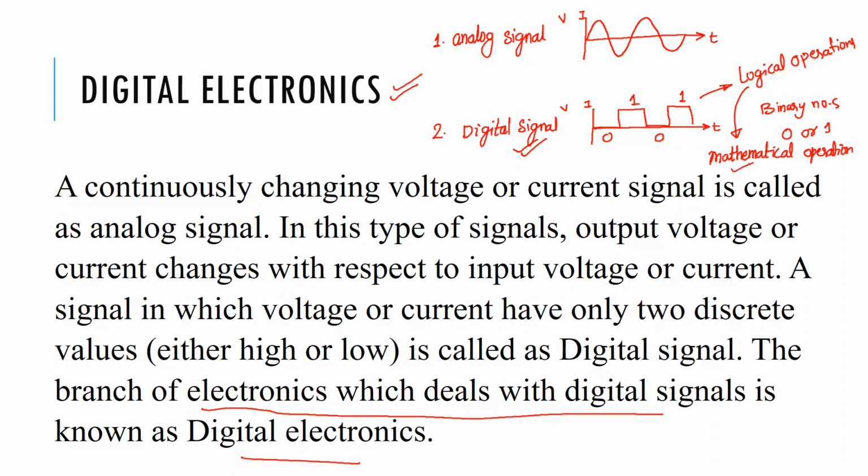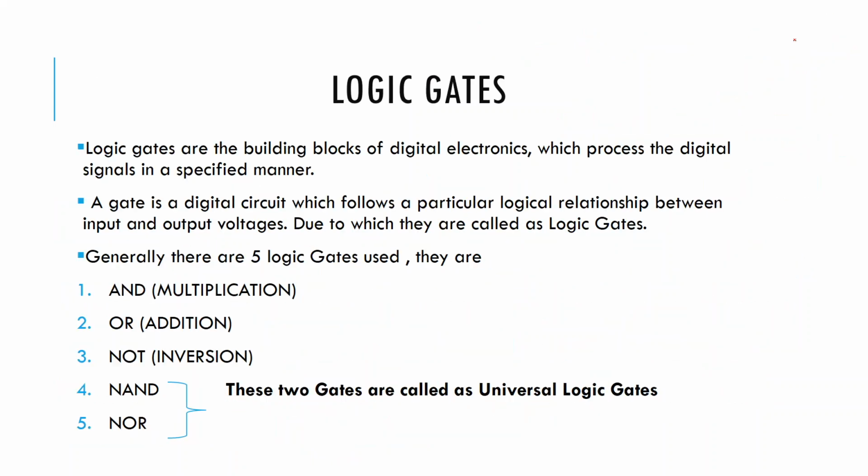For this type of logical operation, we require logic gates. So let us now study what logic gates are. I have already discussed that logic gates are the building blocks of digital electronics which process digital signals in a specified manner.